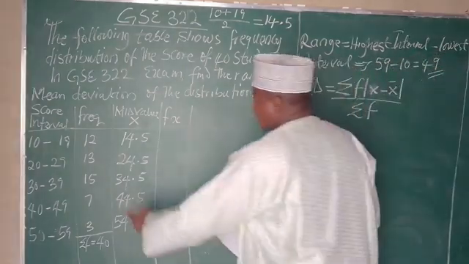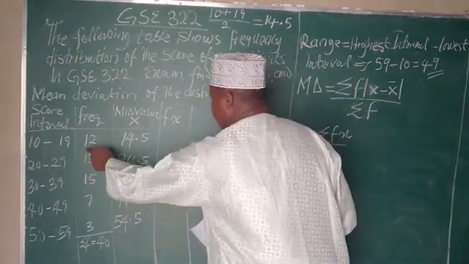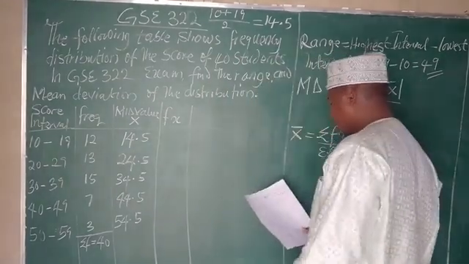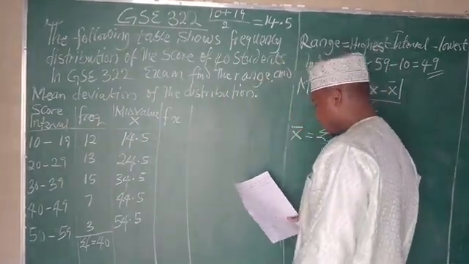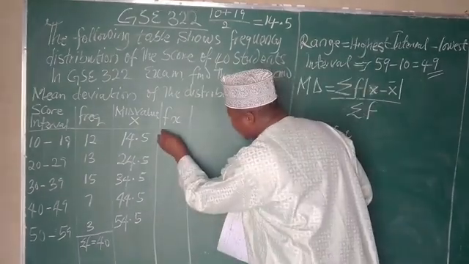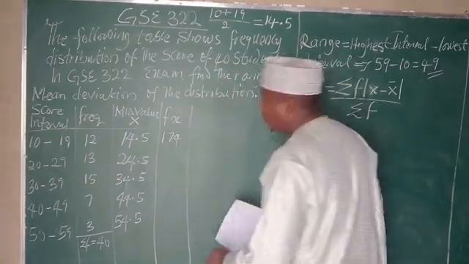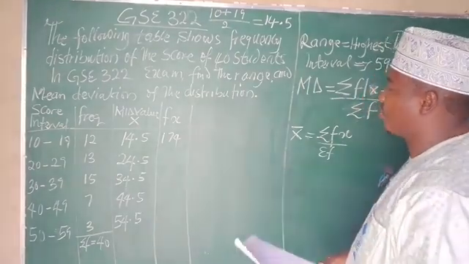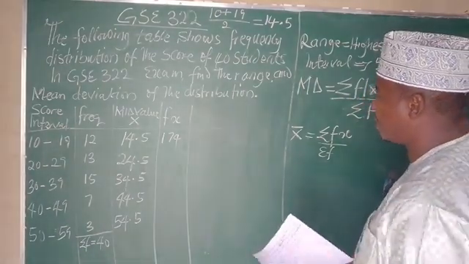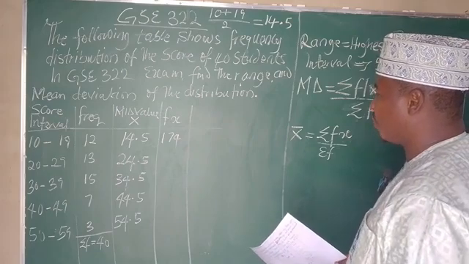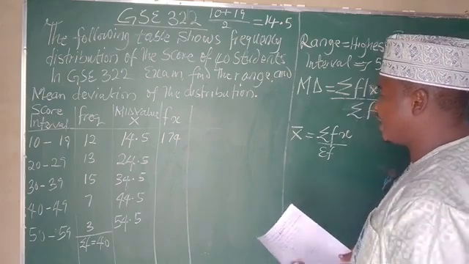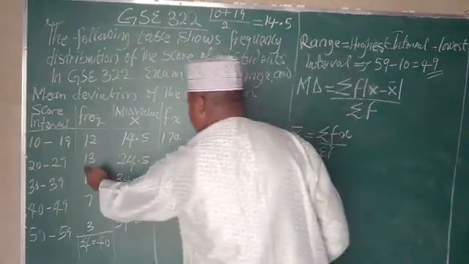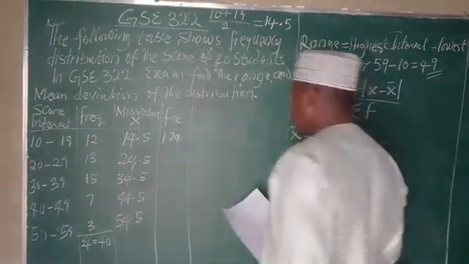So now, this one is simply 12 times 14.5, which is going to give us 174. Then the second one is 13 times 24.5.